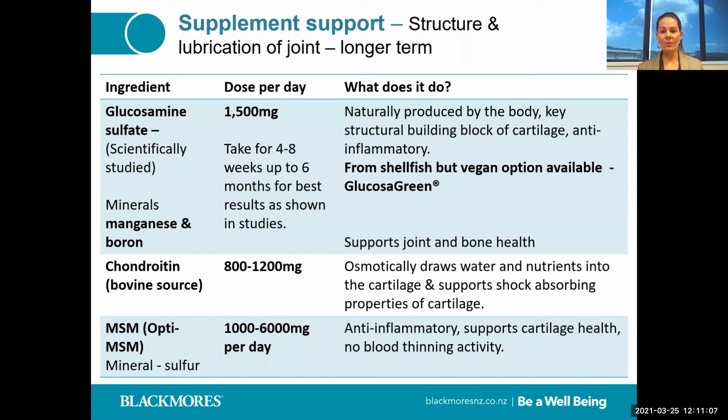So these are often used together, but they can be used individually as well. And MSM is a mineral from sulfur, and this helps with reducing inflammation, supports cartilage health. And for those that are on any blood thinners, it doesn't have any blood thinning activity. So this may be one of the ones you can take if you're on blood thinners.